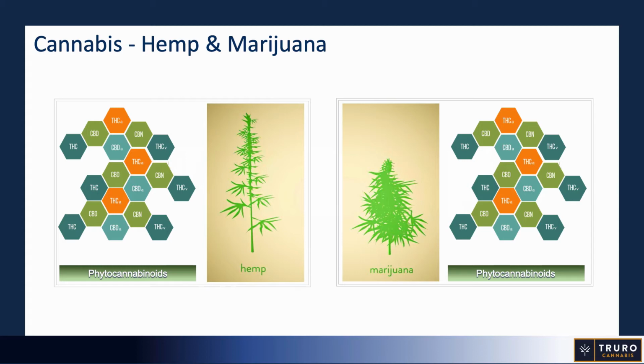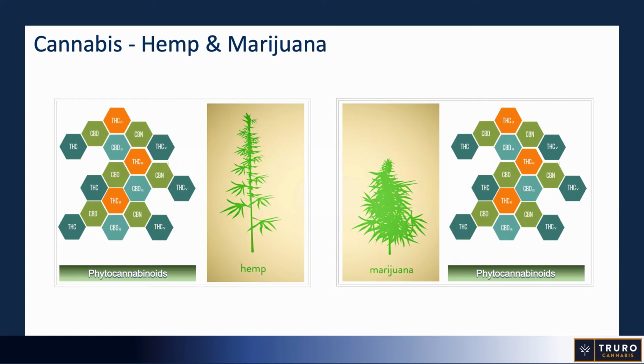As a result, hemp plants have historically been very tall, with long, thick stalks and small, loose, flowering tops. Marijuana plants, on the other hand, have historically been cultivated to produce phytocannabinoid-rich resin from the resin glands in the flowers of the female plants. Marijuana plants have historically been shorter, with large, dense, resinous flowering tops.